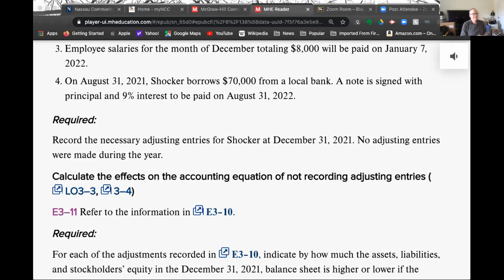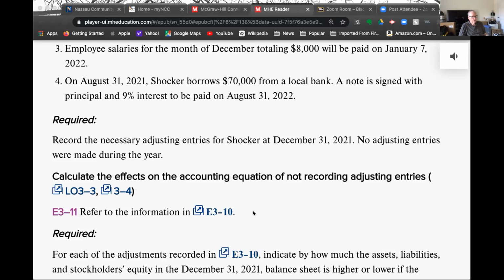Okay, now, this isn't interest expense. See, when you borrow money, it's interest expense. But when you lend money, like a bank does, it's interest revenue. Okay, it's interest revenue. Now, revenue is a credit, interest revenue.